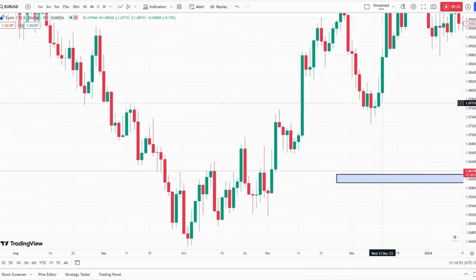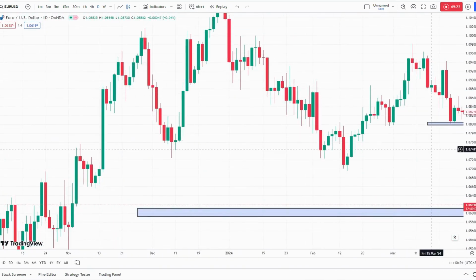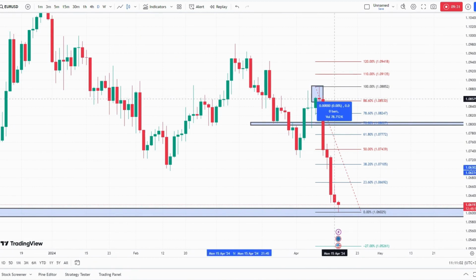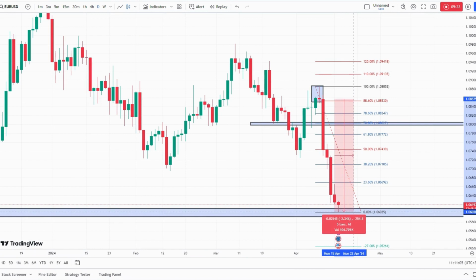That drop based on that daily M82 came to over 200 pips, if you measure this, 250 pips just based on this. All right, so wait for it.